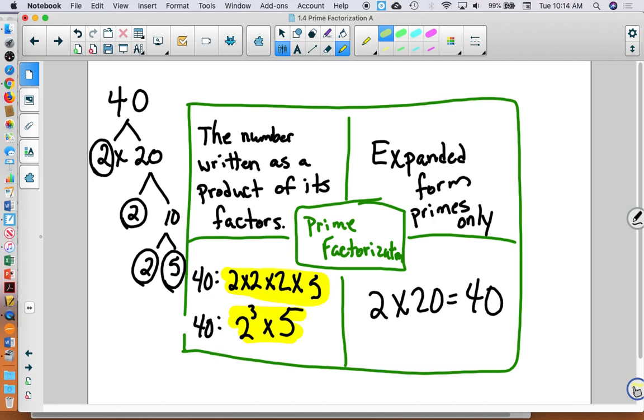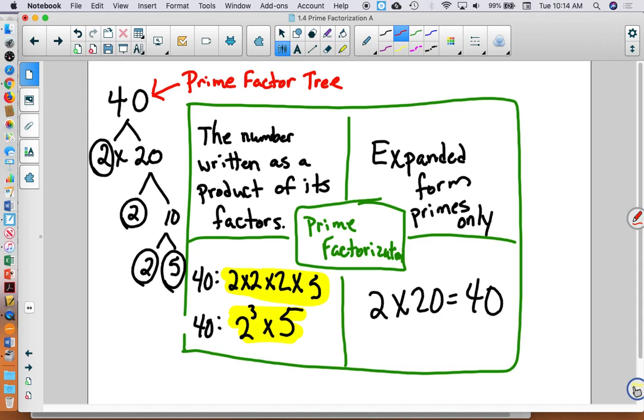And I'm going to make a note right here because this is a really important one. This is a prime factor tree. Okay? The base of the tree was 40.